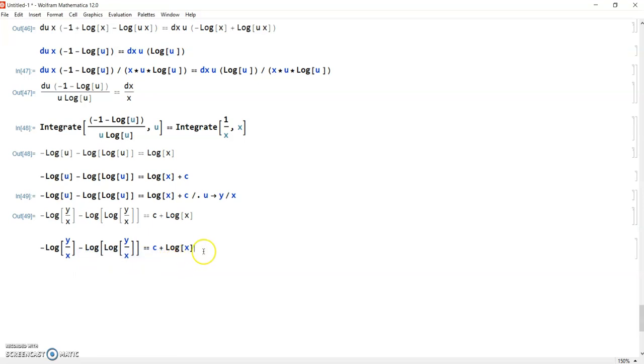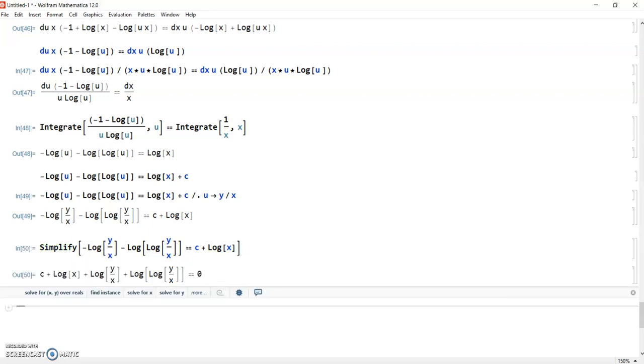So actually we can see that it can be further simplified. So let's see whether Mathematica can simplify further or not. Simplify. Yeah, so Mathematica has suggested this kind of simplification.